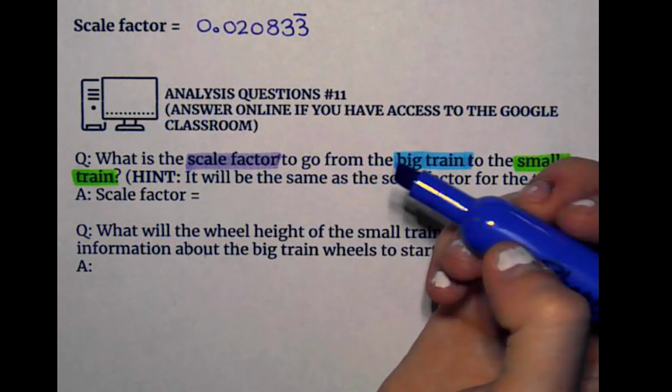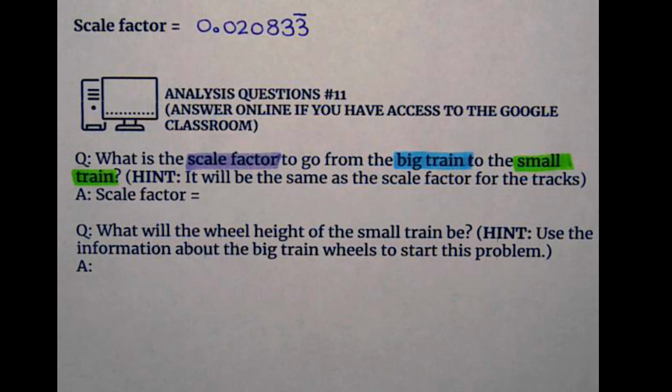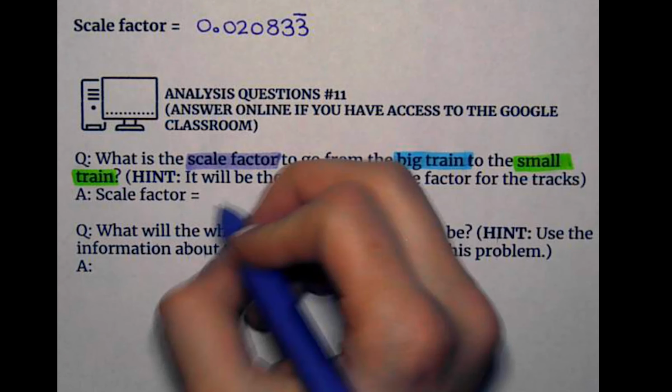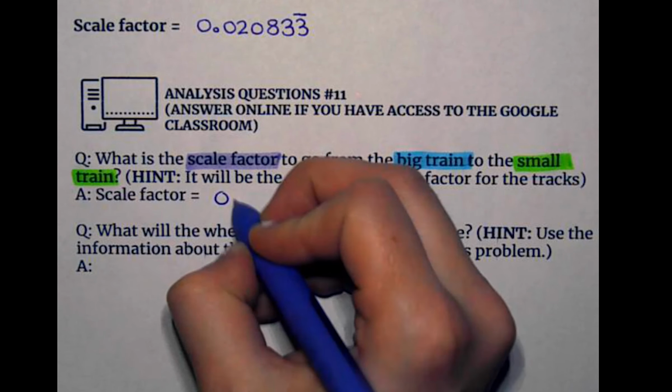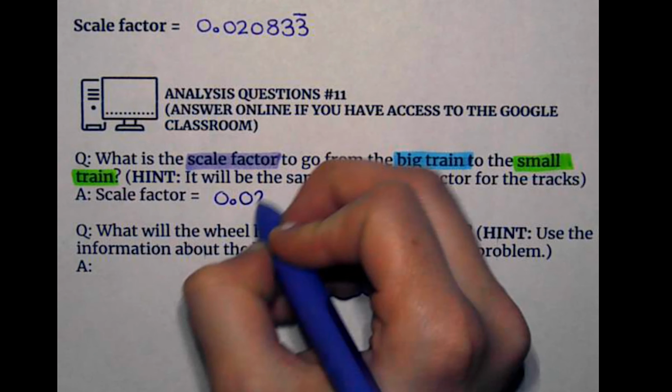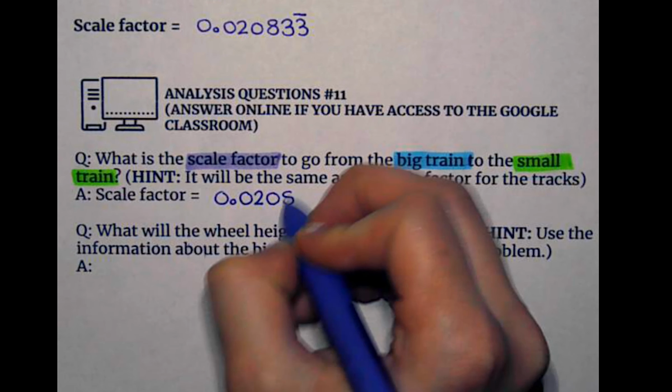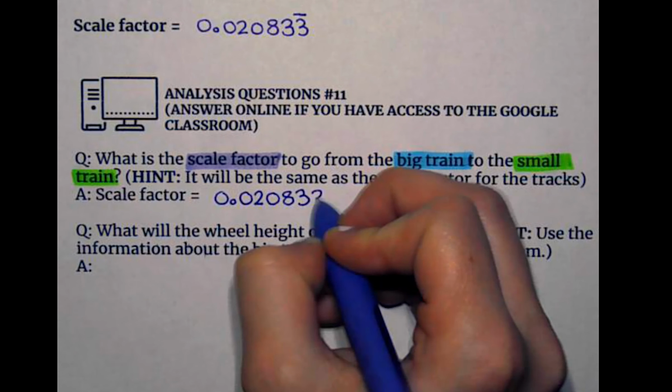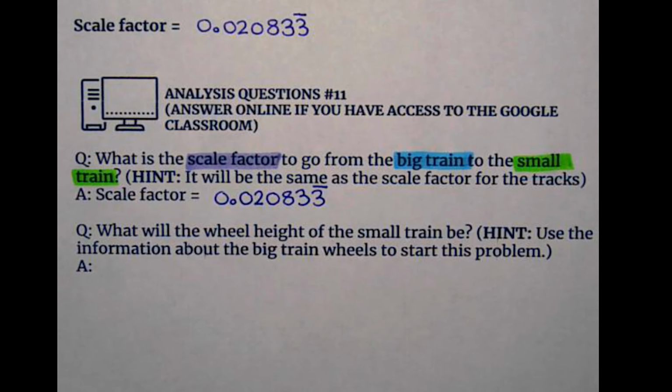All right. So our scale factor is going to be exactly the same that it was in our previous problem, which is right here. So I'm just going to write 0.020833 repeating. And usually I don't answer these for you guys, but in order to answer this question correctly, you are going to have to know the scale factor. So I want to set you up a little bit here.